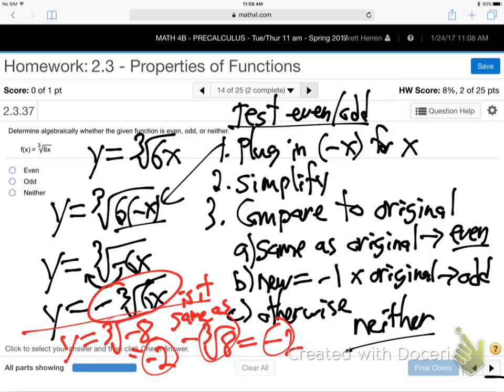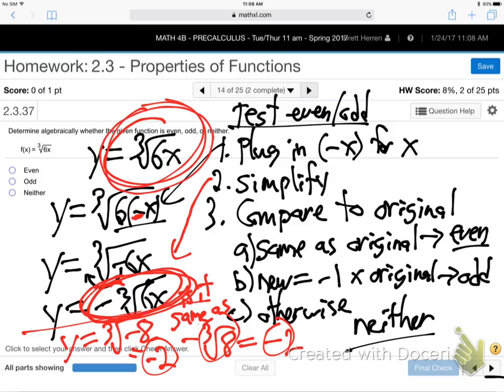Yes, that's okay. Okay, so where were we? Why were we doing all that? Well, here, we did step 1, plugged a negative in for x. Step 2 here, we simplified. Step 3, you're supposed to compare this to the original. How does this compare to the original?